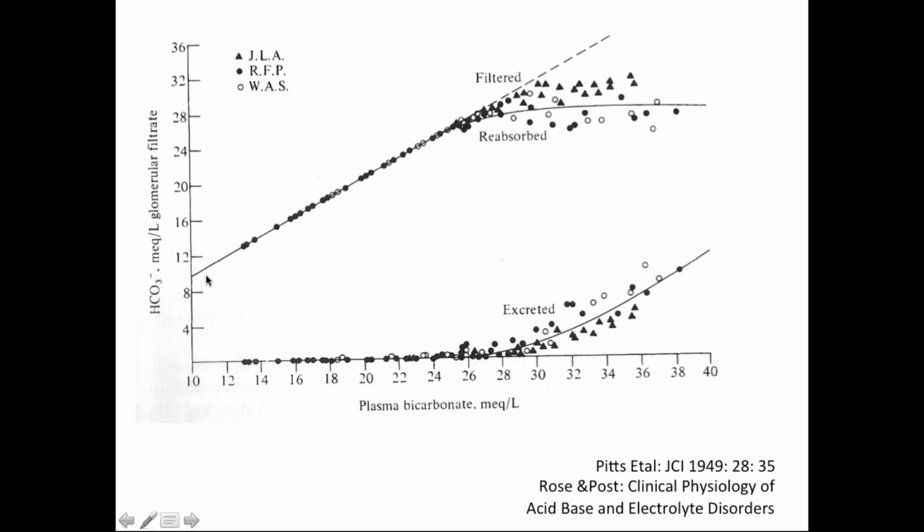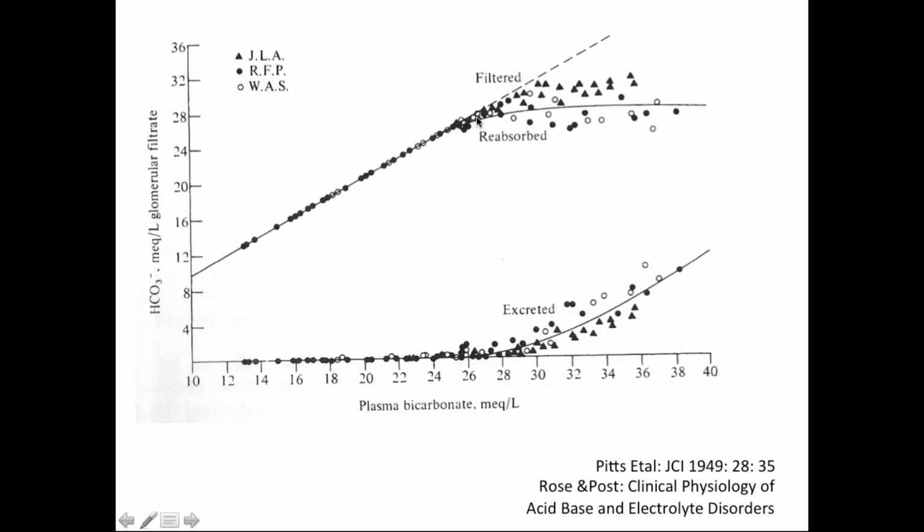As the plasma bicarbonate concentration goes up, the filtered bicarbonate continues to go up, and the reabsorbed bicarbonate is complete till you reach a bicarb of 26, at which point the reabsorption plateaus and you have excretion, which is at the bottom, that picks up.